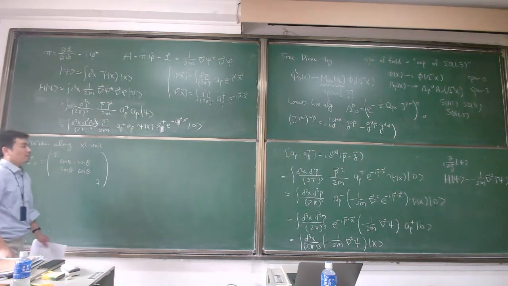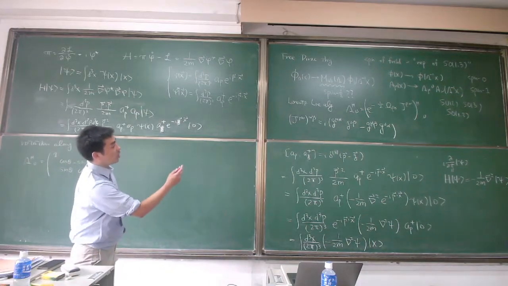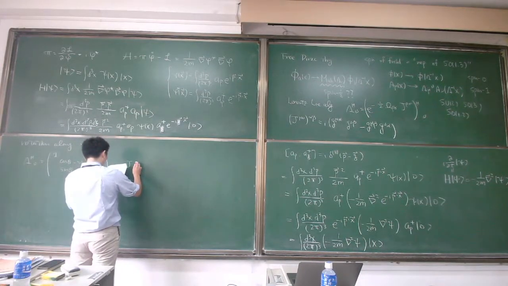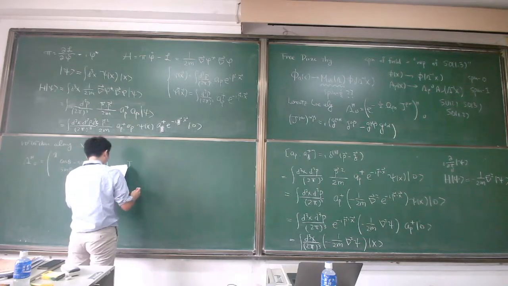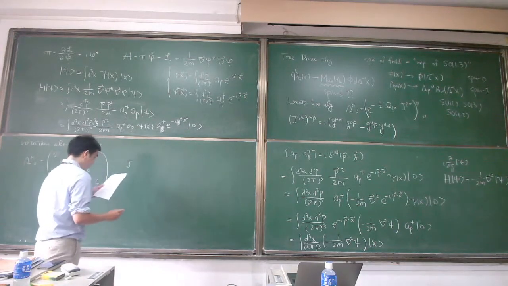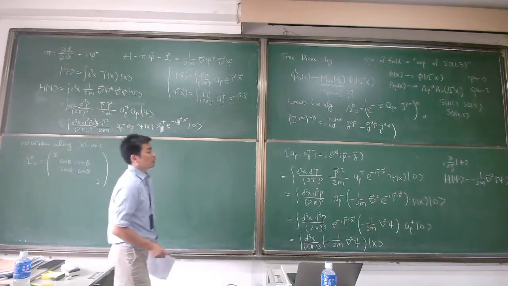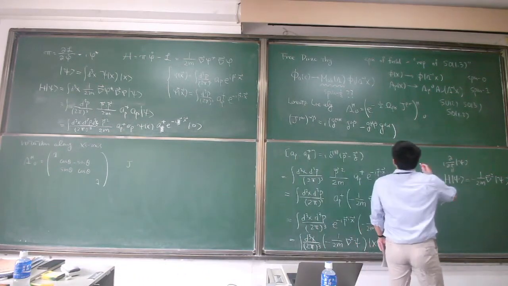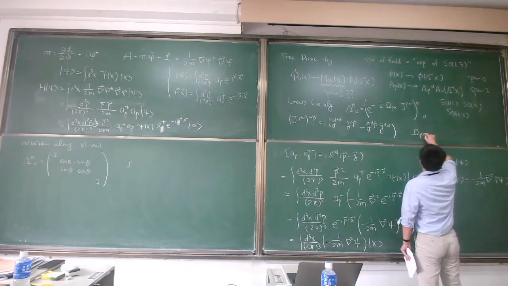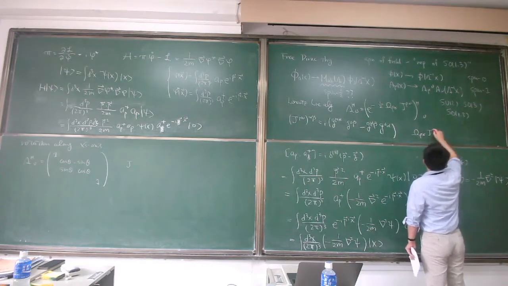Then if you take J, so I write down this part, omega rho sigma J rho sigma.